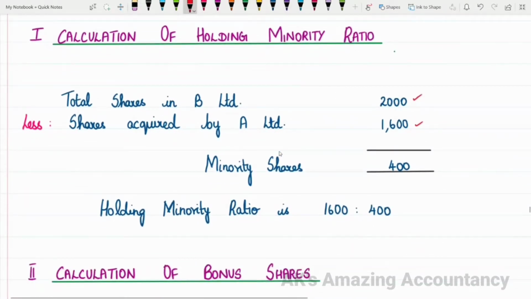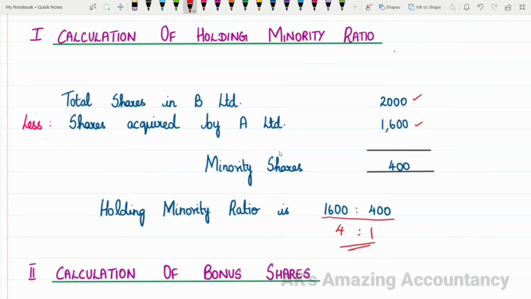It will be 1600 is to 400, which will ultimately give you 4 is to 1. So holding minority ratio will be 4 is to 1. This is the first piece of working note which we have to do, calculation of holding minority ratio.